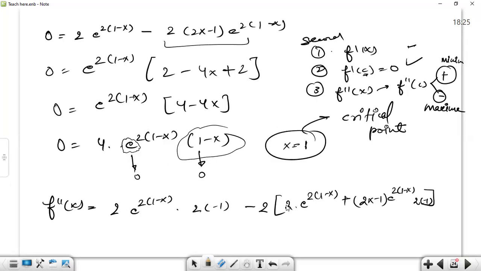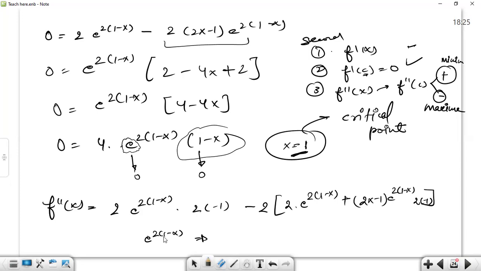Minus 2 is outside. Now we have to substitute x for c, so why not do it here only? Our critical point was 1, right? So let's substitute x equals 1. We can see there are some general terms like e raised to the power 2(1 minus x).